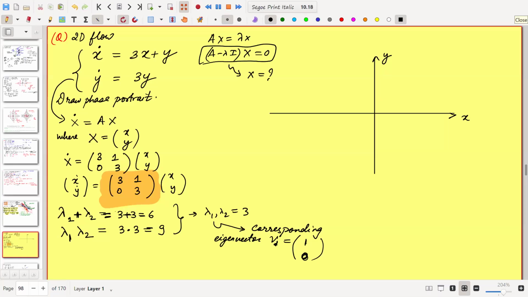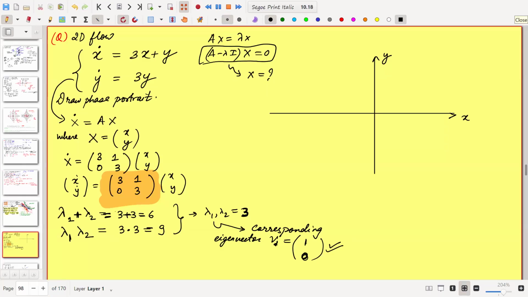What is the real part of the eigenvalue? It is 3, that is greater than 0. So is it stable or unstable? Unstable, right? So corresponding to eigenvalue 3, this eigen direction [1, 0] is unstable.